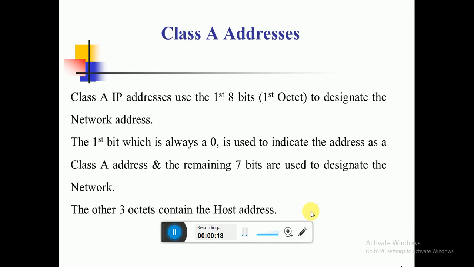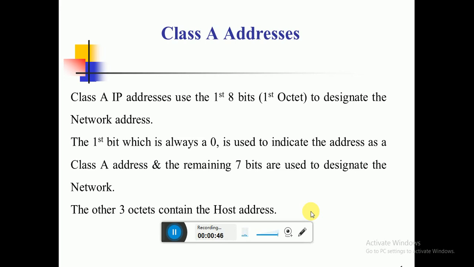In last class we discussed IP addresses, what an IP address actually is, and then we discussed the classes in IP version 4. We said that we have a total of 5 classes: class A, class B, class C, class D, class E. And then we said that the first 3 classes are used for unicast communication.